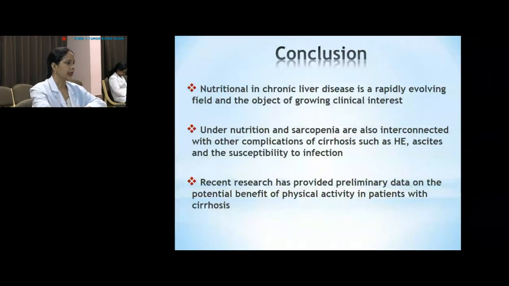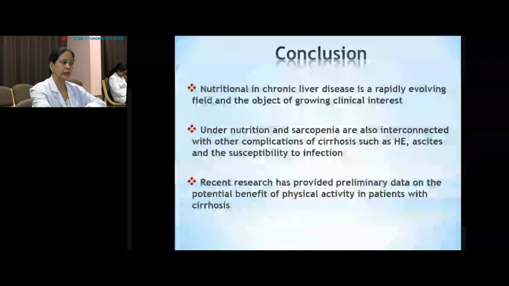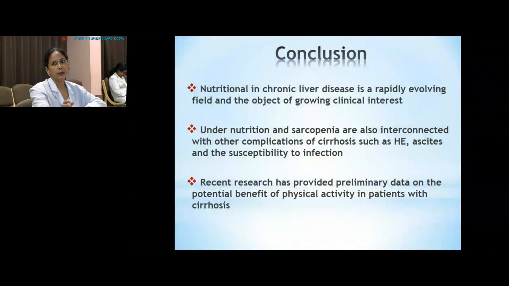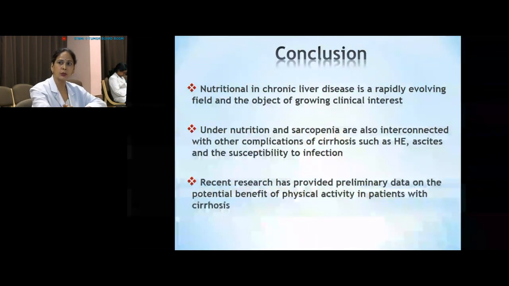Undernutrition and sarcopenia are also interconnected with other complications of cirrhosis such as hepatic encephalopathy, ascites, and susceptibility to infection and sepsis. If the patient is undernourished, the prognosis is poor, the outcome is poor, and the hospital stay is going to be lengthy, so nutrition needs to be looked after, and intervention needs to be early.